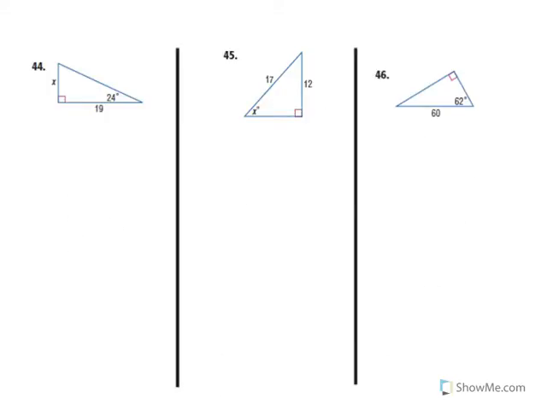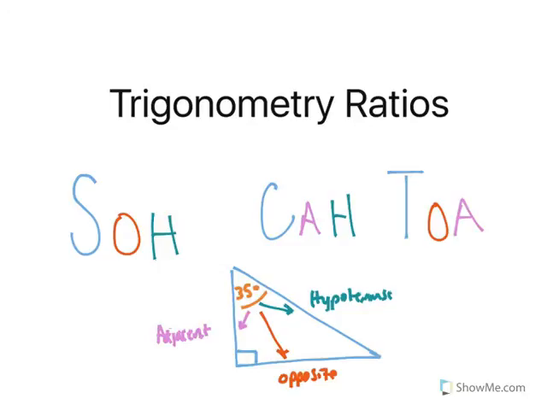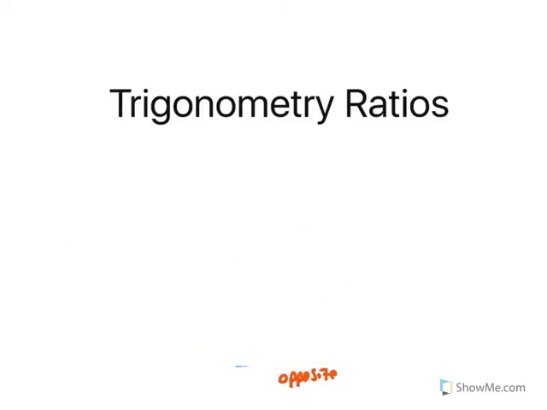So let's explain the trigonometric ratios. We're going to go back to the first page. The trigonometric ratios explain the relationship between sides and angles. So let's say we start with a triangle here.